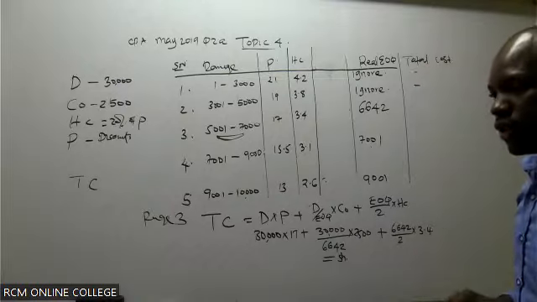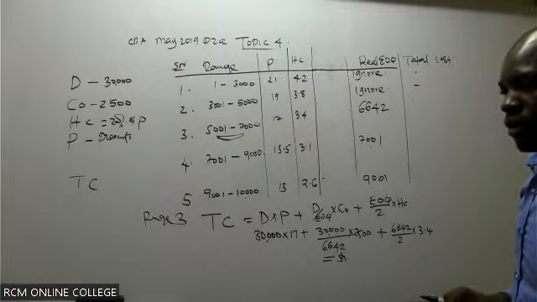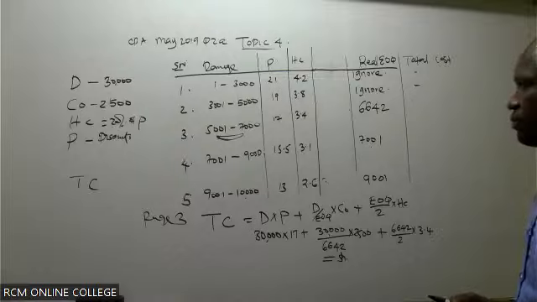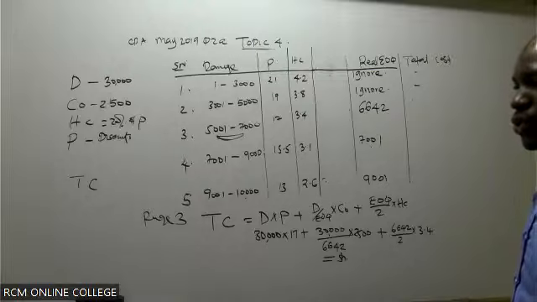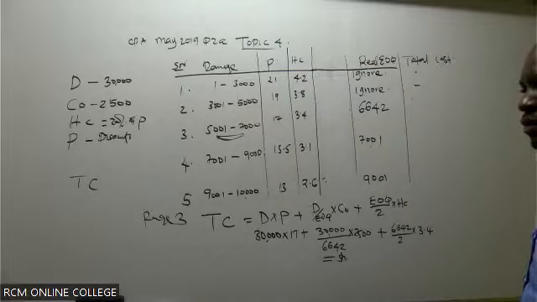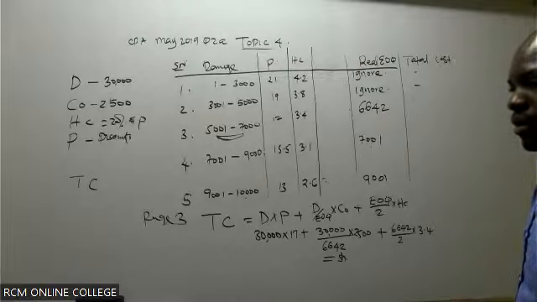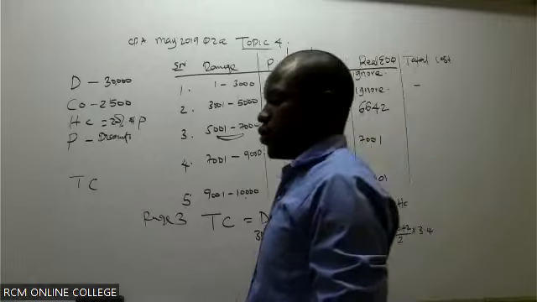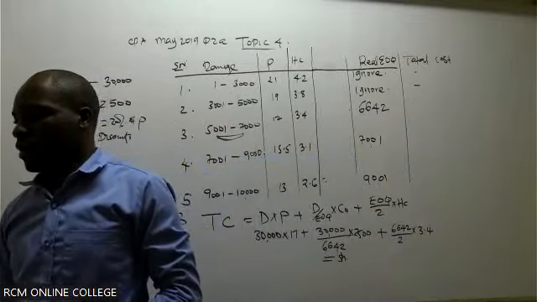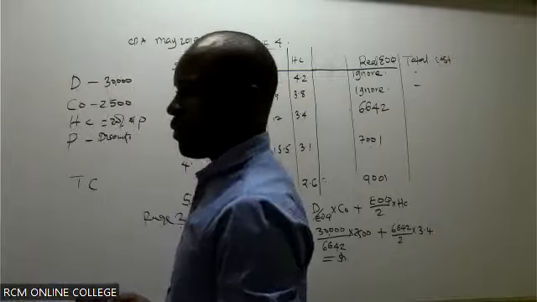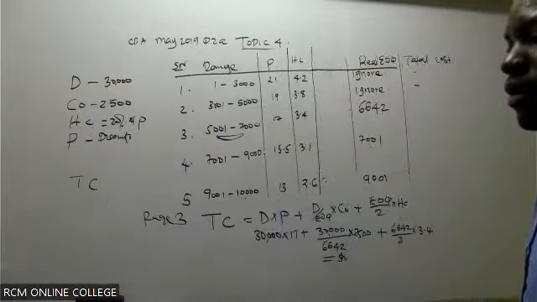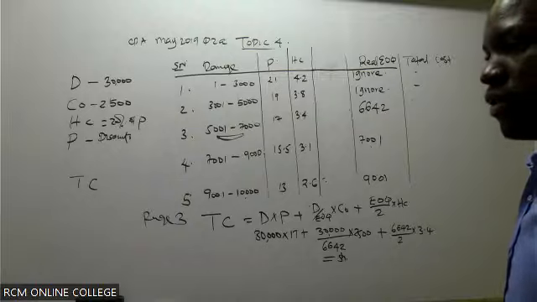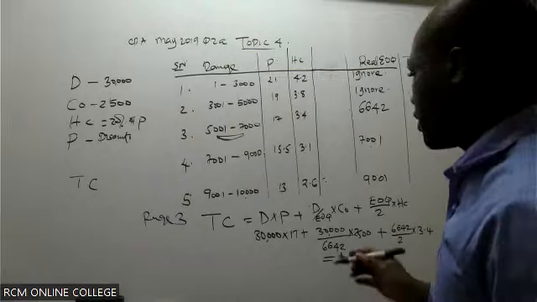Let's calculate that. What are you getting as the total cost? 532,583.